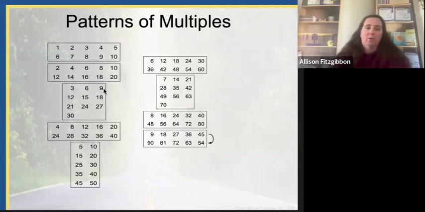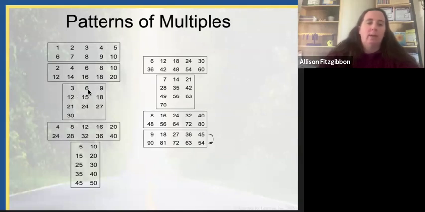That's a pattern that we can discover there. Now we look at our tens place. 0, 1, 2, 3. Here, 0, 1, 2, 0, 1, 2. All right, another cool fact or pattern. If I add these two digits together, it's going to equal 3. 1 and 2 is 3. 2 and 1 is 3. 3 and 0 is 3. Okay, let's see if it works for our next row.